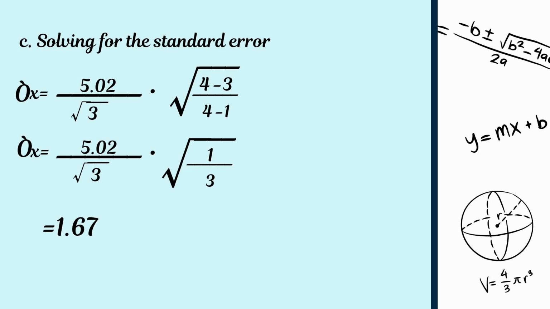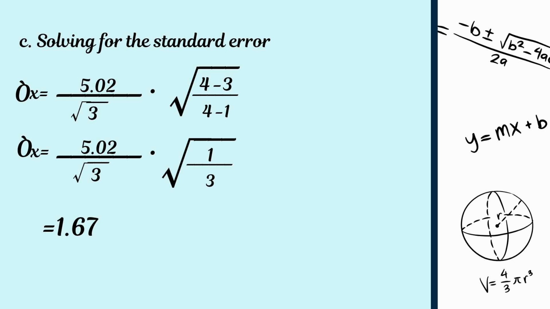First, calculate the square root part. N minus n over N minus 1 is 4 minus 3 over 4 minus 1, because the population size is 4 and the sample size is 3. So, equals 1 over 3.